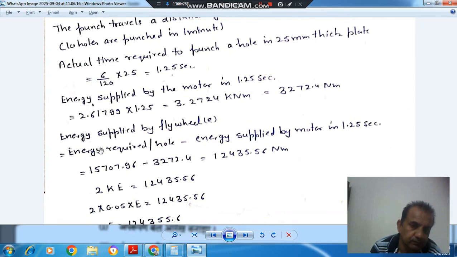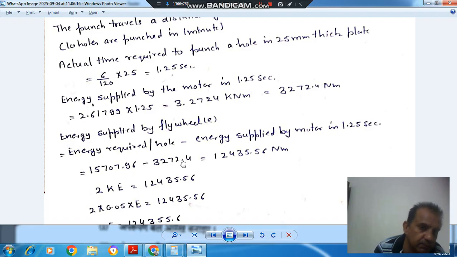So this is the energy supplied by the motor during actual punching, and the rest of the energy will be supplied by the flywheel. Total energy required that we have calculated to carry out one hole is 15707, but the energy supplied by the motor during actual punching is 3272.